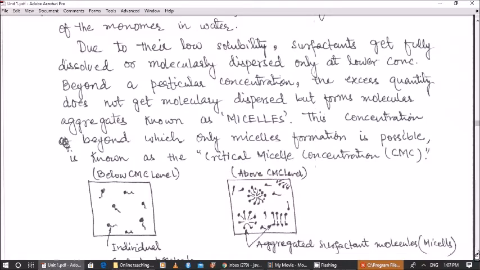This concentration beyond which micelle formation is possible is known as the critical micelle concentration, popularly known as CMC.